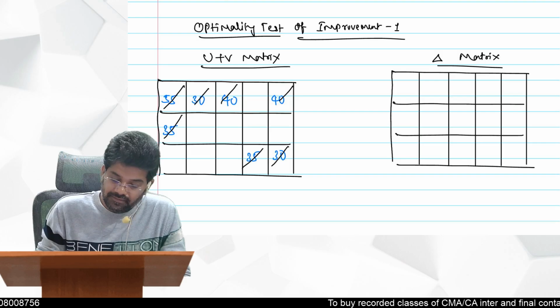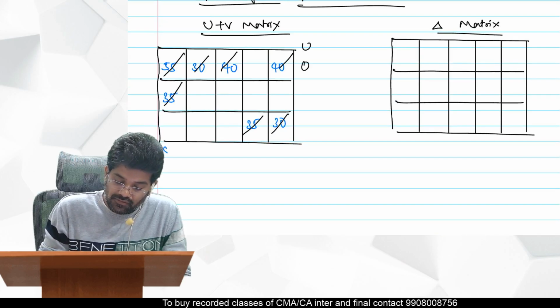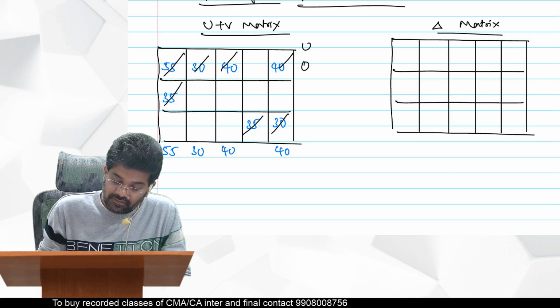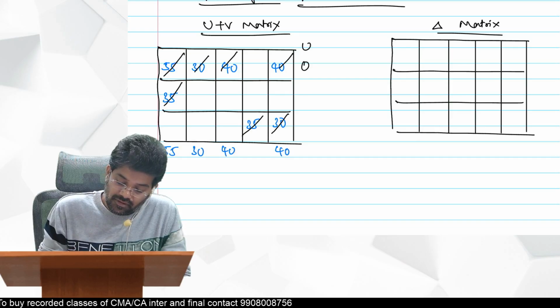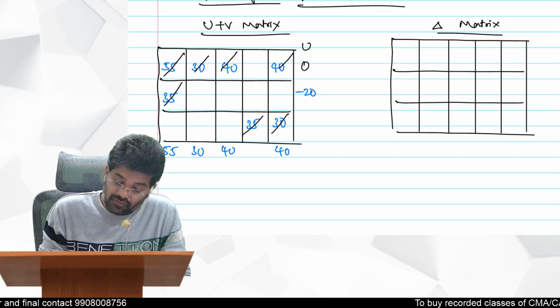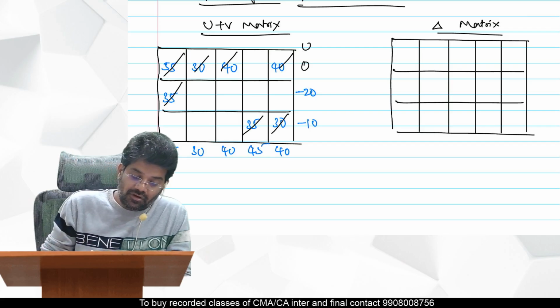Okay, then take first u value equal to 0. So this is 55, 30, 40, 40. Now 55 minus something is equal to 35, so that is minus 20. 40 minus minus 10 will be 30. Now we got this one, minus 10 plus something here is equal to 35, that is 45. So we got all values.